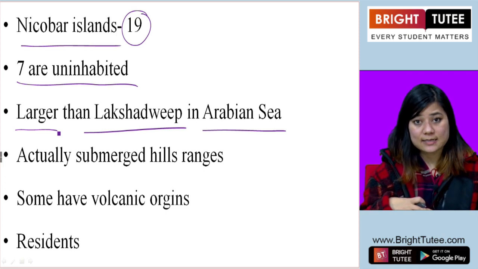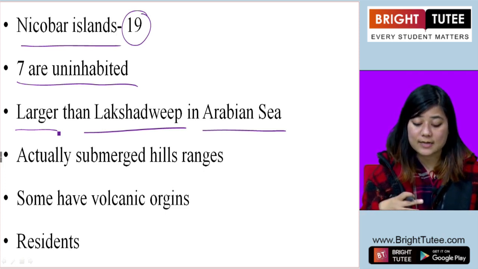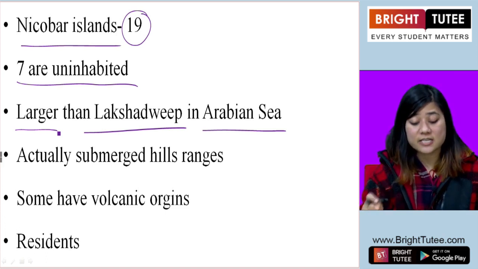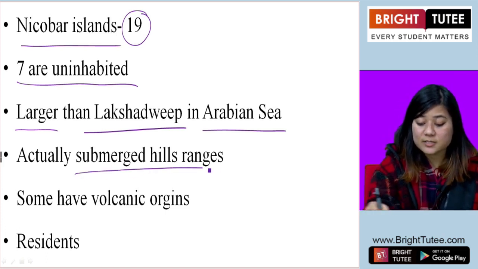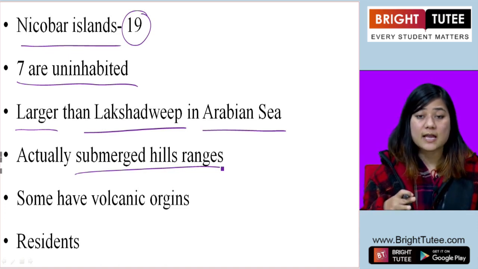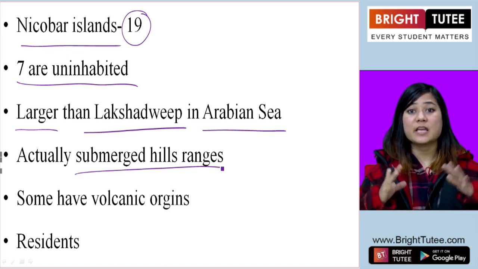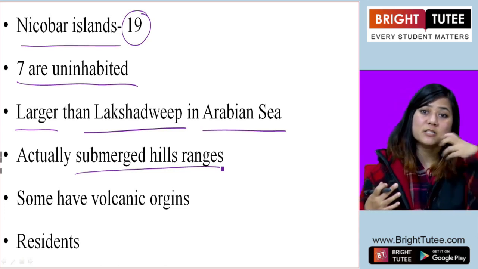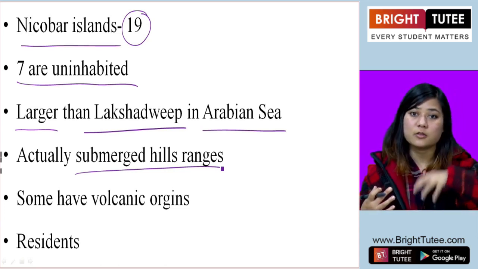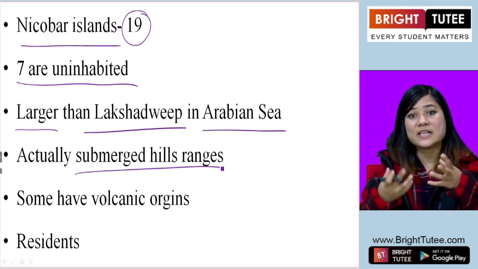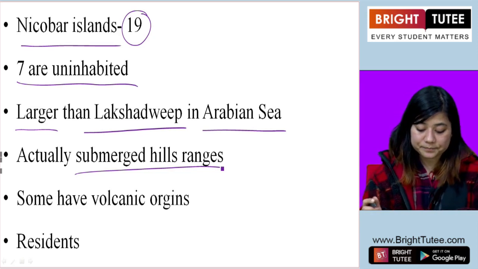And these islands in Andaman and Nicobar Islands are actually hill areas, hill regions which have been submerged or went under the water. Okay, once upon a time they were proper hills, but over time they have been submerging under the water, and because of that they formed the present day islands.